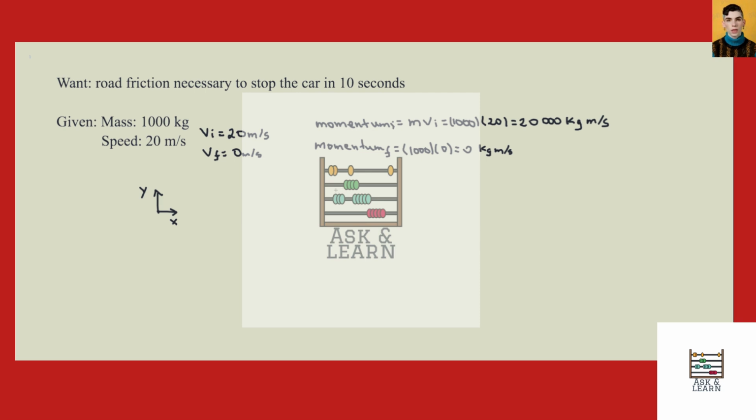And then we have to calculate the change in momentum. So the change in momentum, final minus momentum initial, is going to be equal to momentum final, 0, minus momentum initial, 20,000. We get negative 20,000 kilograms meters per second.